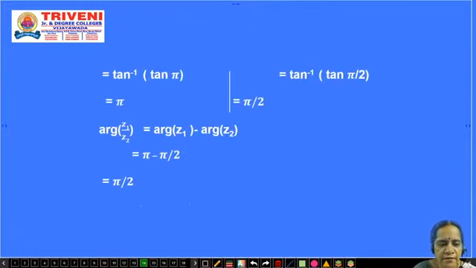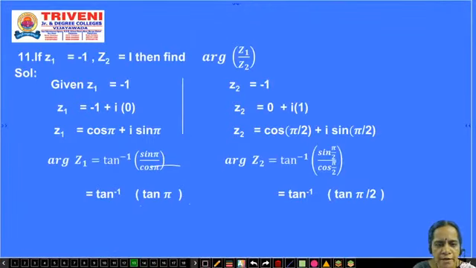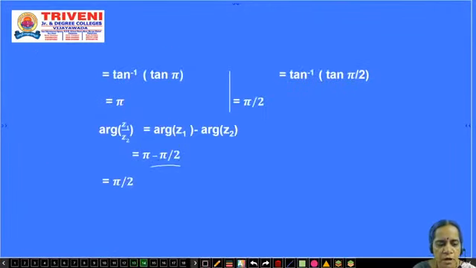That means arg of z1 is pi, arg of z2 is pi by 2: pi minus pi by 2. Pi minus pi by 2 means 180 minus 90 degrees, then we get pi by 2. So arg of z1 by z2 is equal to pi by 2.